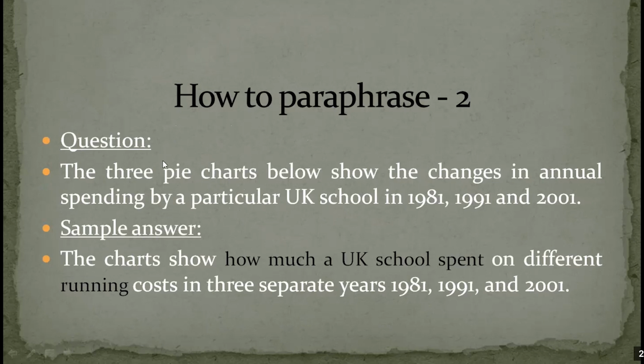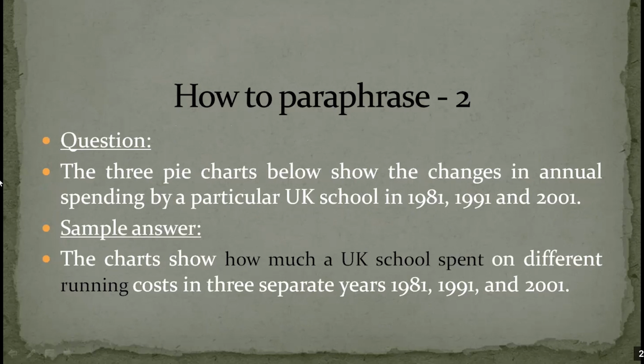Here's another example. The 3 pie charts below show the changes in annual spending by a particular UK school in 1981, 91, and 2001. The charts. So if they write the numbers, you don't write the numbers. If they don't write the numbers, you write the numbers. The 3 pie charts, you make them the charts. Show how much a UK school spent.